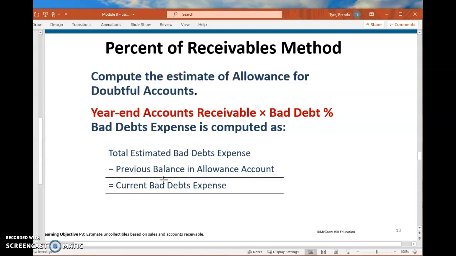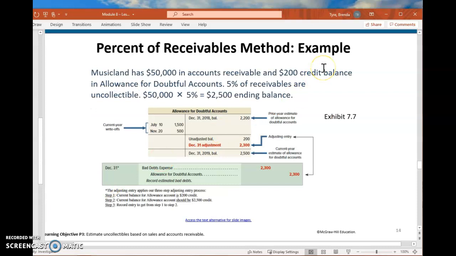The rule of the three things for adjusting. What is the current amount? What should it be? How do we get there? Let's take an example. Musicland had $50,000 in accounts receivable and a $200 credit balance in the allowance for doubtful accounts. Now note, the allowance for doubtful accounts can have a credit or a debit balance because we may have underestimated or overestimated.